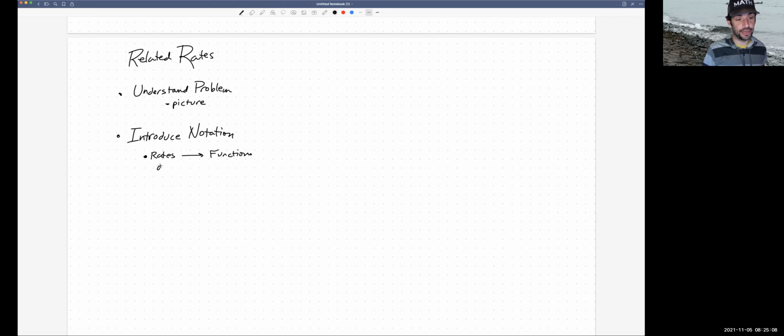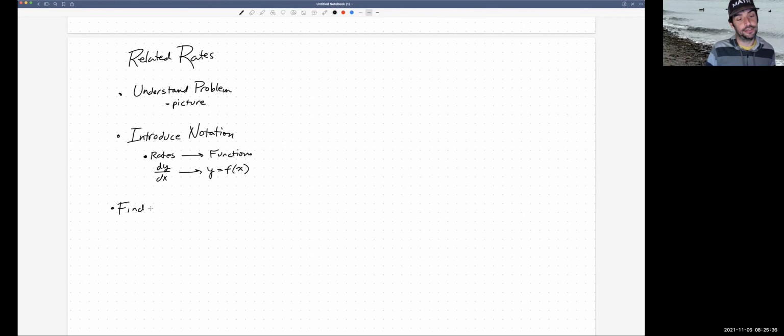In other words, we see a rate, it's some dy/dx, it implies y is a function of x. So you want to look for those. We're naming everything that we need, but in particular, look for the rates. You're usually given a rate, and you want to use that to know that you have a function that the rate is a derivative of.